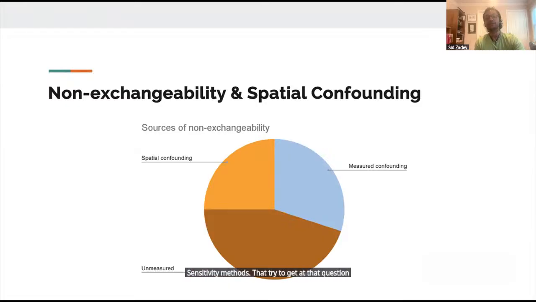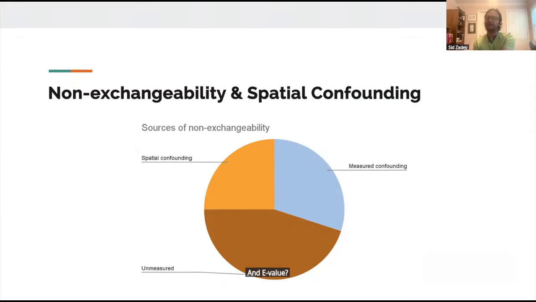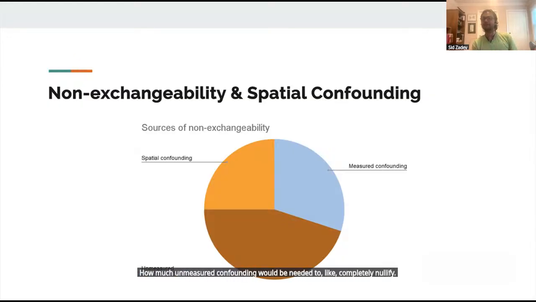Once you are done with the analysis, there's something called an e-value that you can calculate to say, after I use all the covariates, how much unmeasured confounding would be needed to completely nullify the effect that I saw.